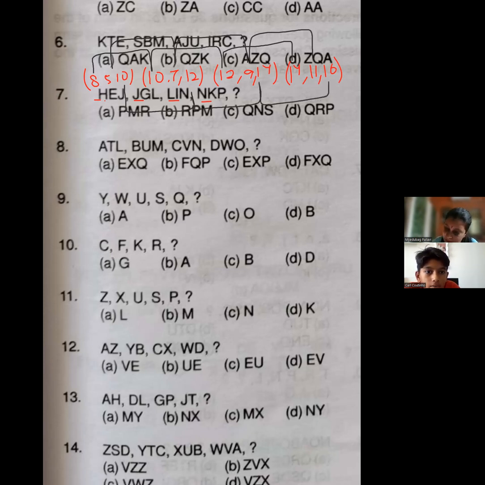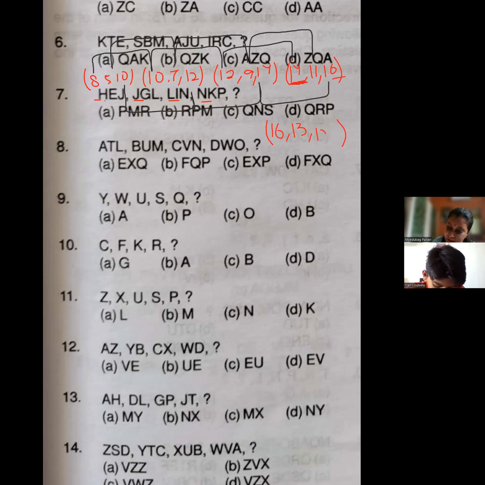So what will be our next series? If we write in number form, what will it be? For the first one, it will be 16. Then 11 plus 2, 13, right? And 18.